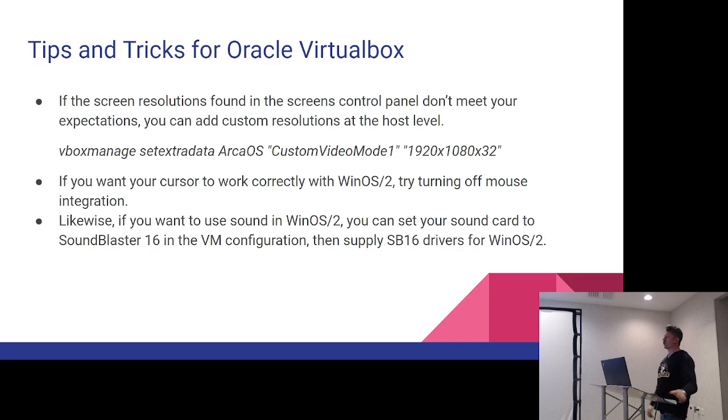All right. On to tips and tricks for Oracle VirtualBox. The default VGA BIOS is pretty good about exposing resolutions from what I can tell, but if there are screen resolutions that are not in this control panel for ArcaOS, you can add custom resolutions at the host level. There's this command, VBoxManage setextradata, and you would specify your virtual machine name, followed by CustomVideoMode1, and then you would specify your horizontal, vertical, and your color depth.